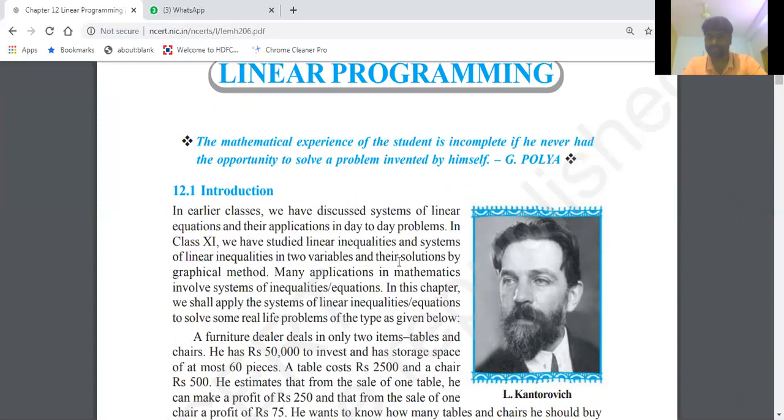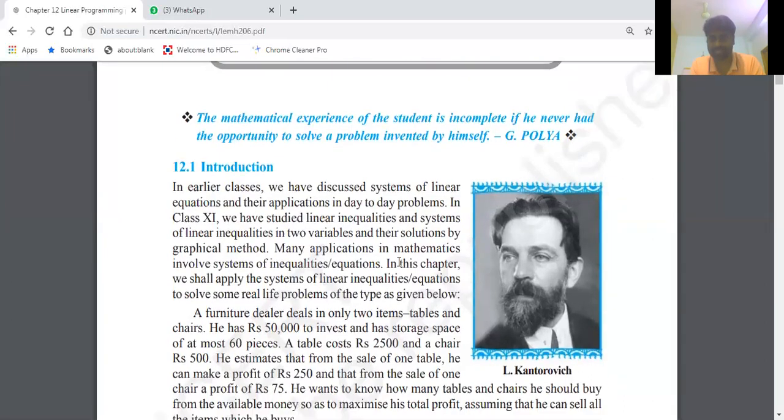Many applications in mathematics involve systems of inequalities or equations. In this chapter, we shall apply systems of linear inequalities or equations to real life problems of the type that is given below on this page. Just have a look at that.